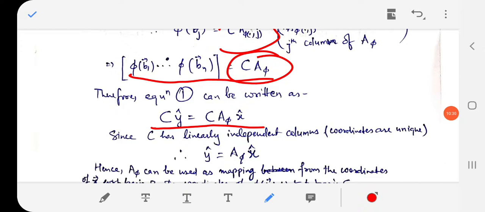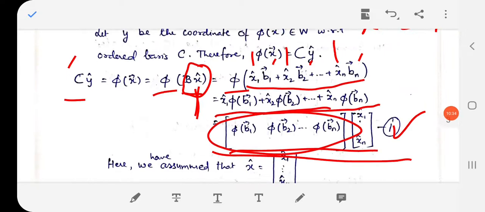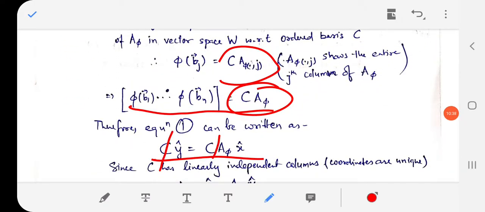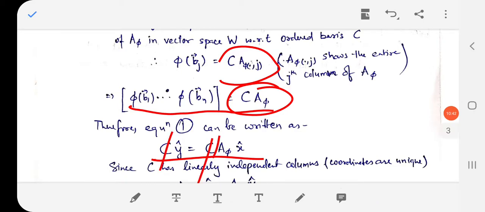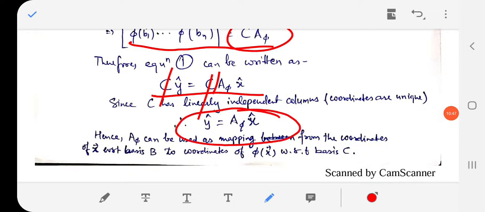Which essentially means that you can cancel this C out, right? If you cancel the C out, you get this thing.